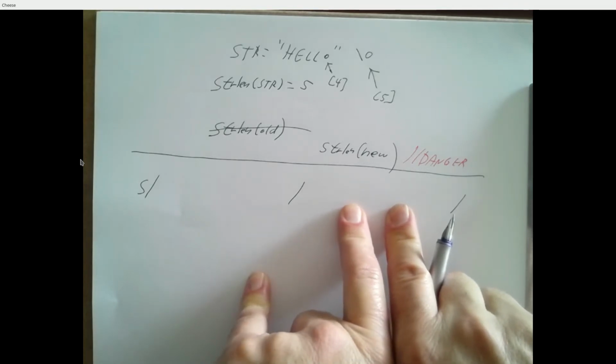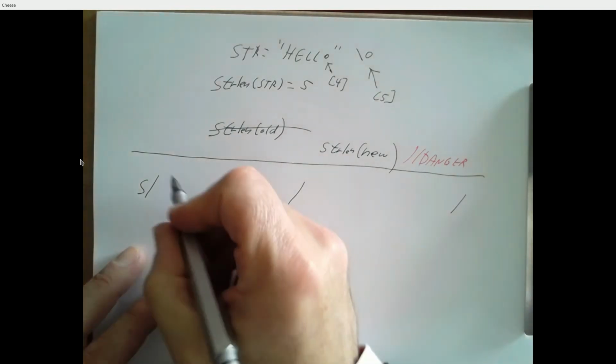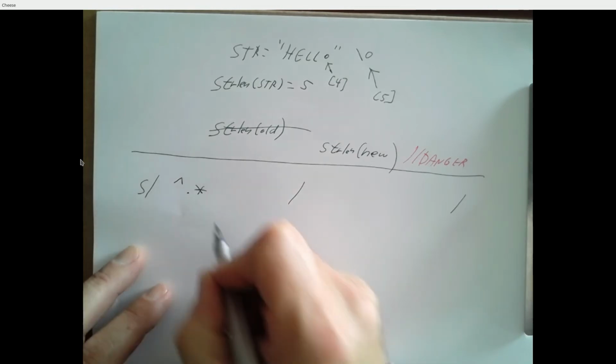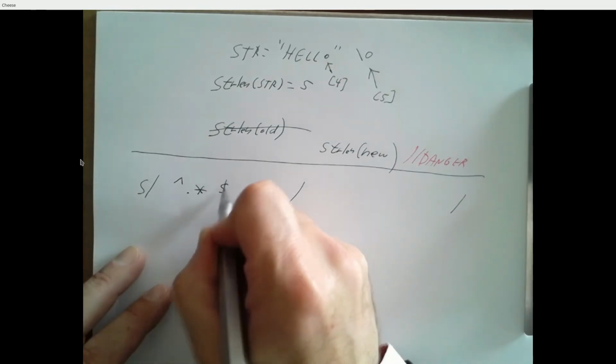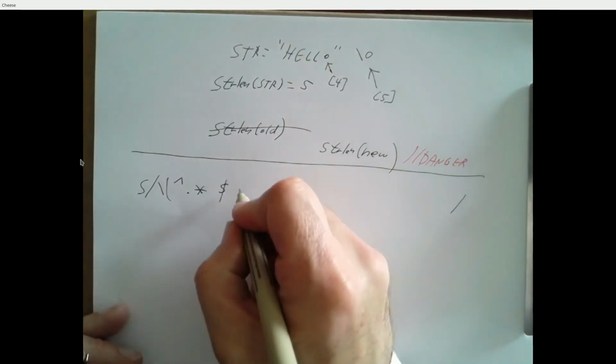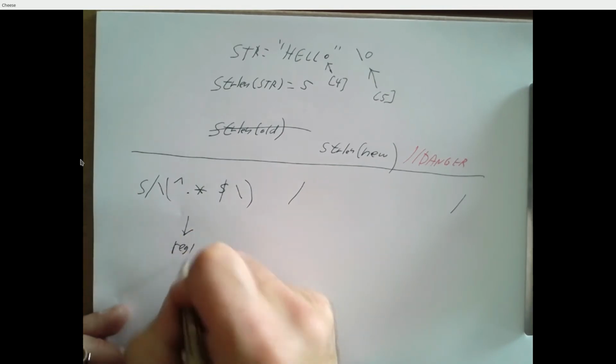But we only want to do this, so if we just wanted to add an S to the end of a line, we could say start at the beginning of the line, match any collection of characters followed by the end of the line. And then we could say, let's put all of that into register 1.